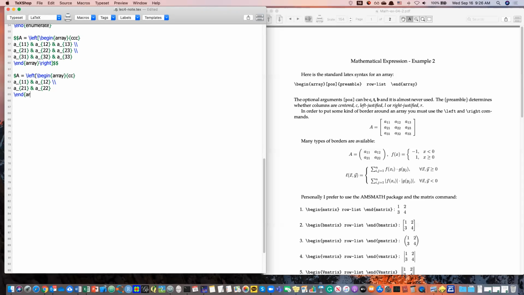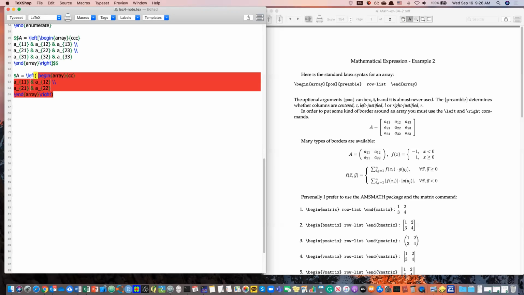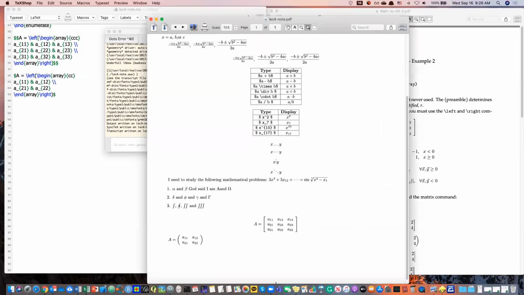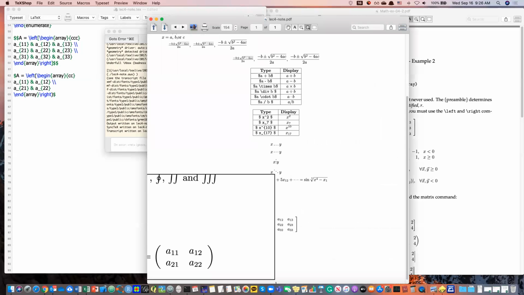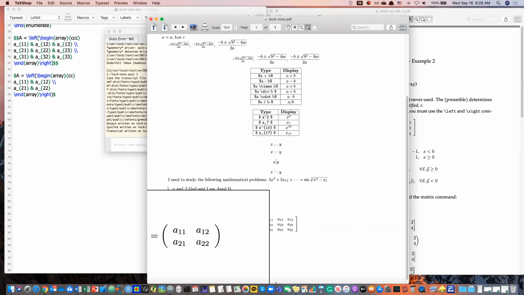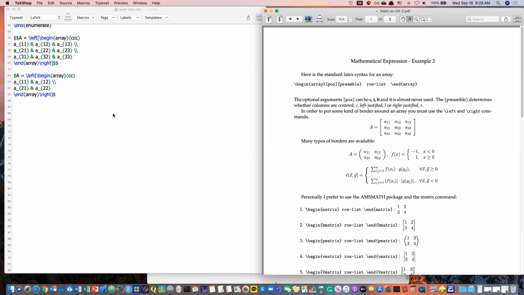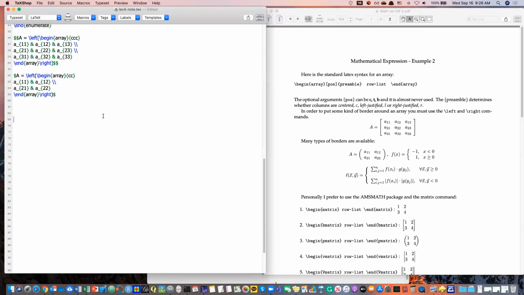The end of array, right parenthesis. So now you can see that here we got the 2 by 2 matrix with the other type of matrix symbol.